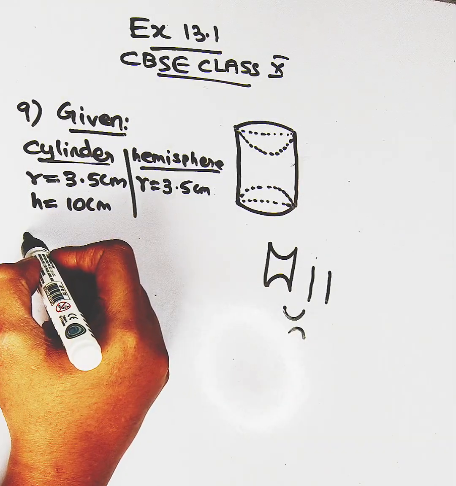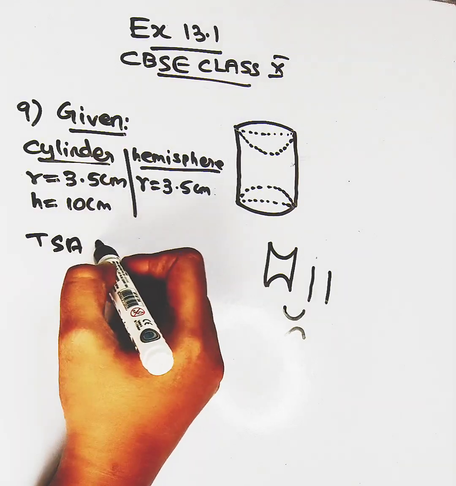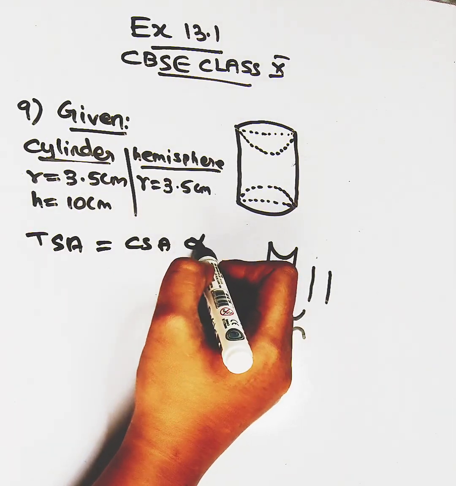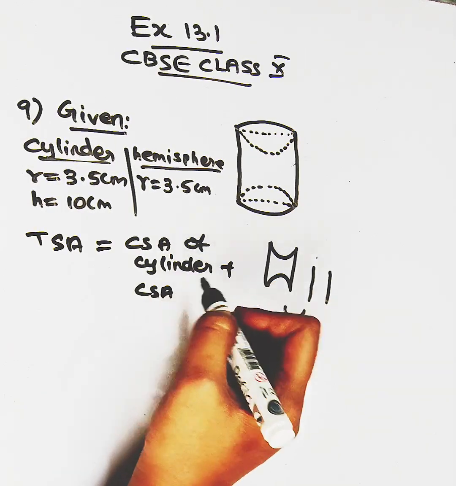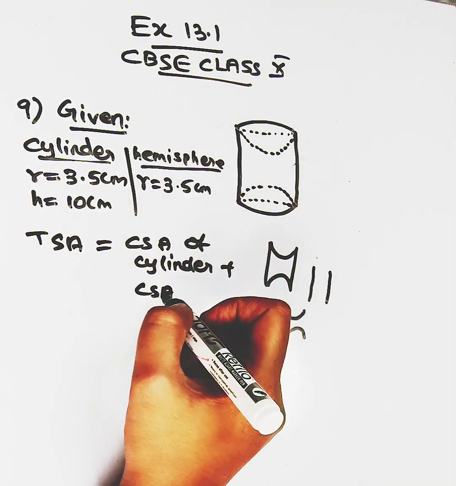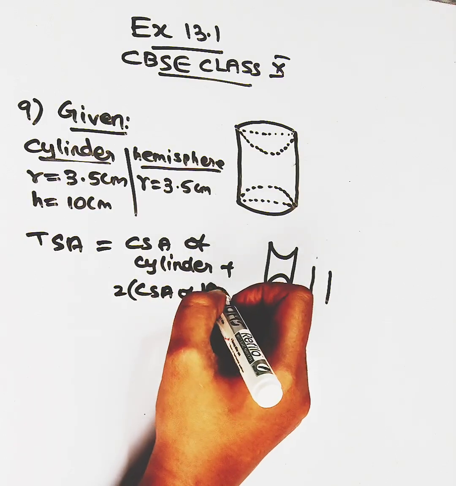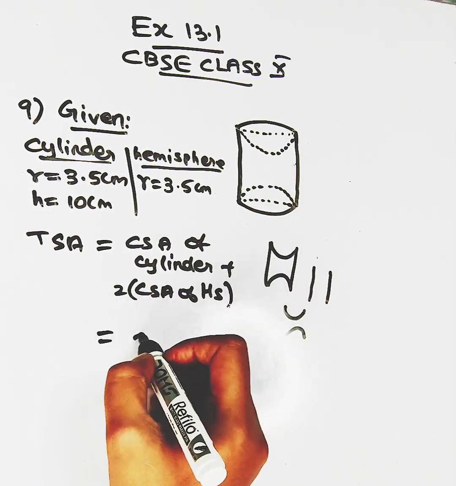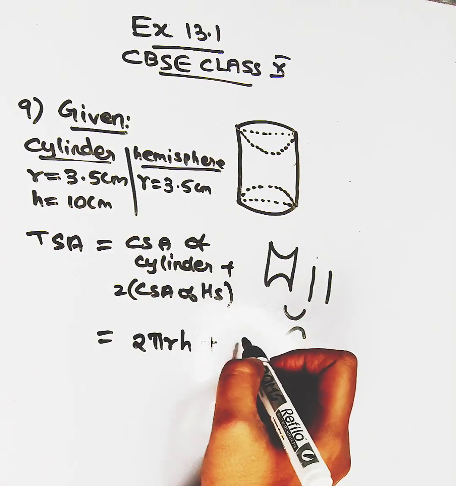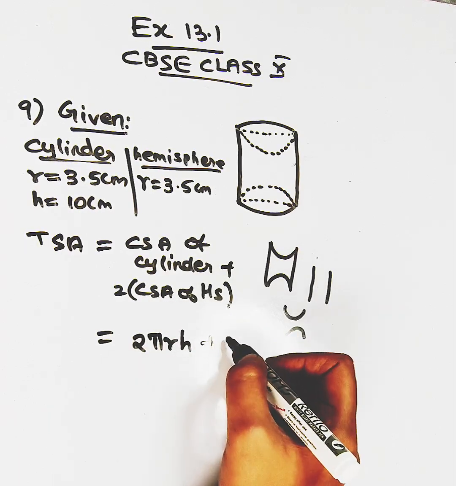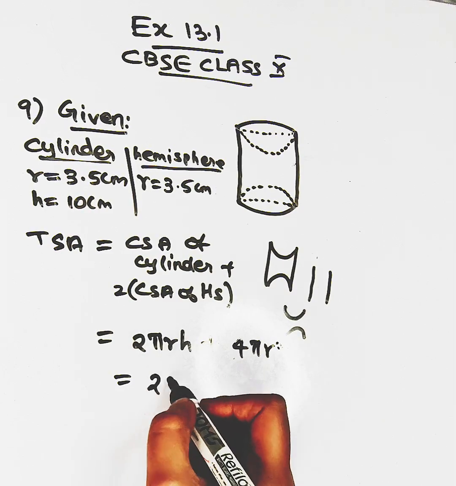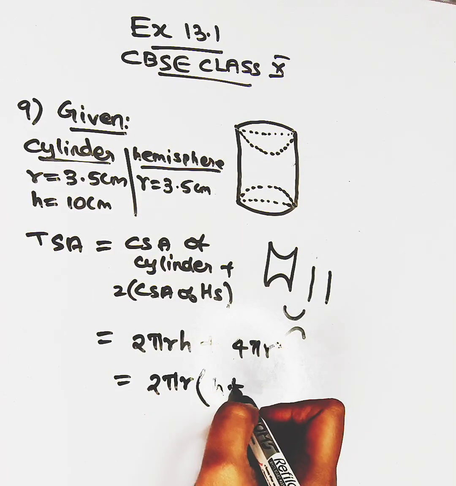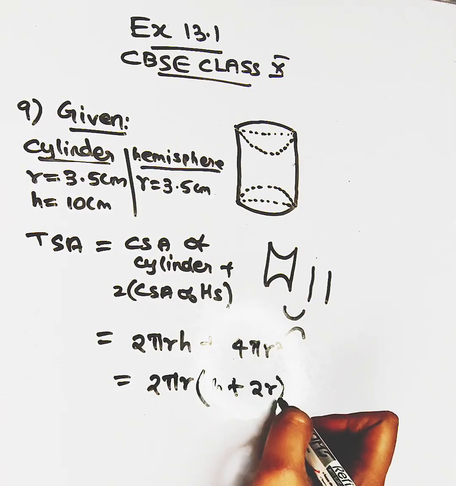Let us write. The TSA of the article is CSA of cylinder and CSA of hemisphere. We have two hemispheres, so we write it as 2 into CSA of hemisphere. CSA of cylinder is 2 pi r h and CSA of hemisphere is 2 pi r square into 2, it is 4 pi r square. We can take 2 pi r as common, it will be h plus 2r.